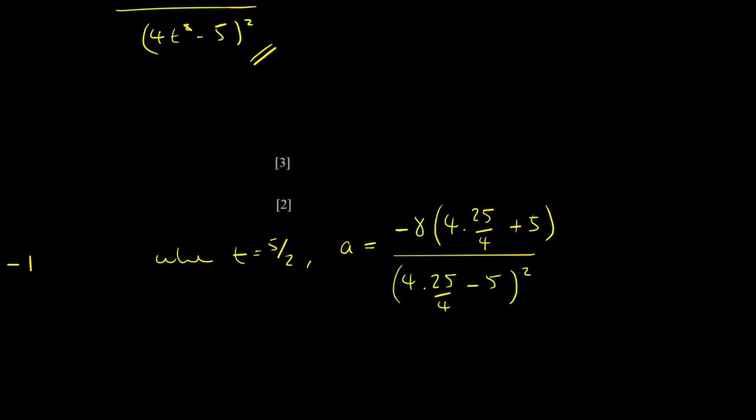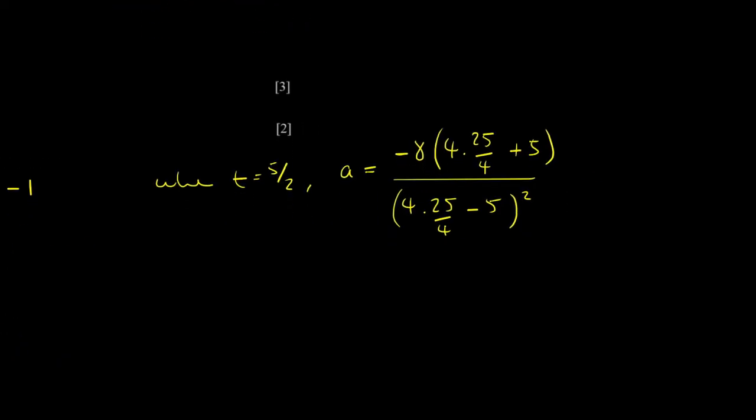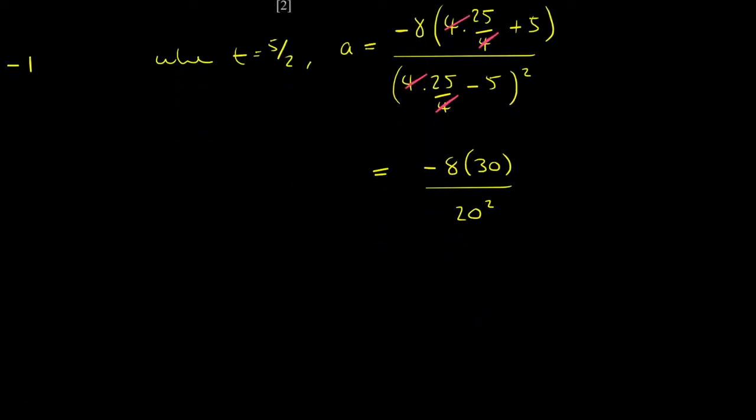Hopefully what you notice is that those 4s are going to cancel out quite nicely. And so what we're left with is -8 times 25 plus 5, which is 30, over 25 minus 5, which is 20, all squared.